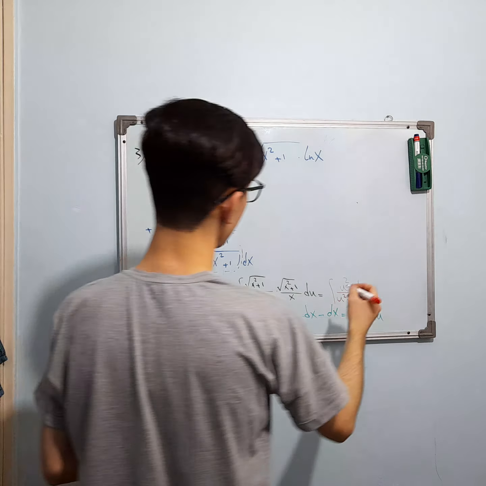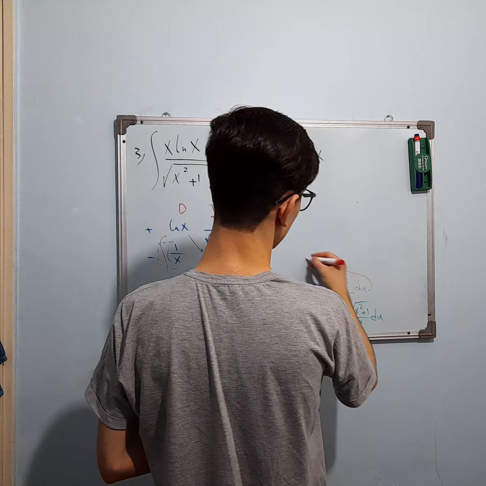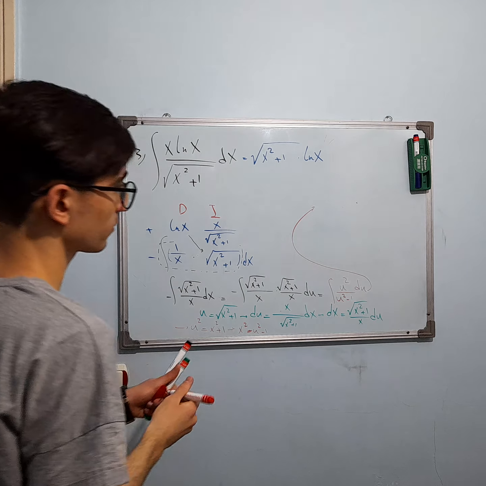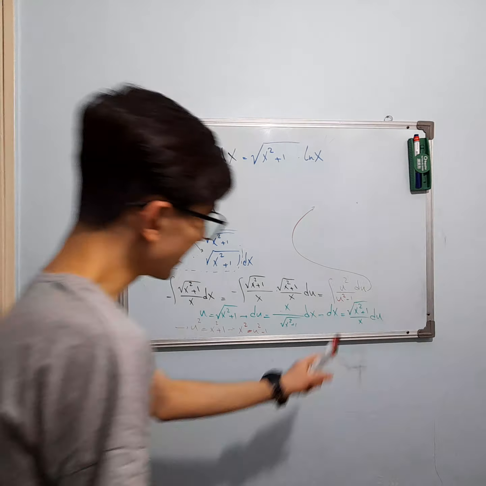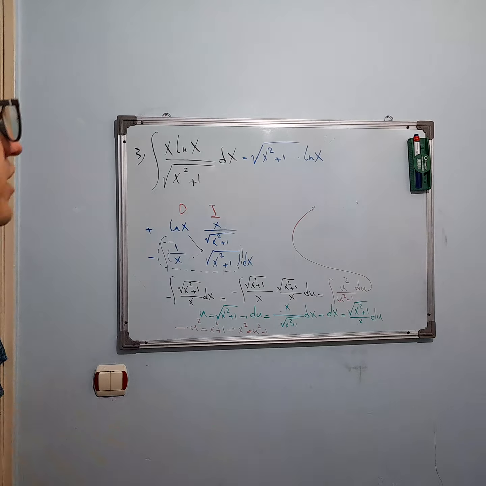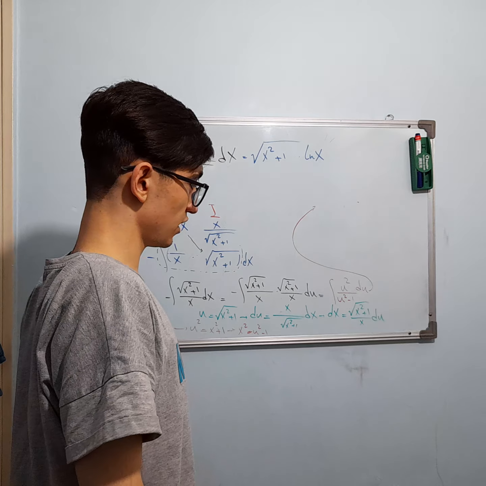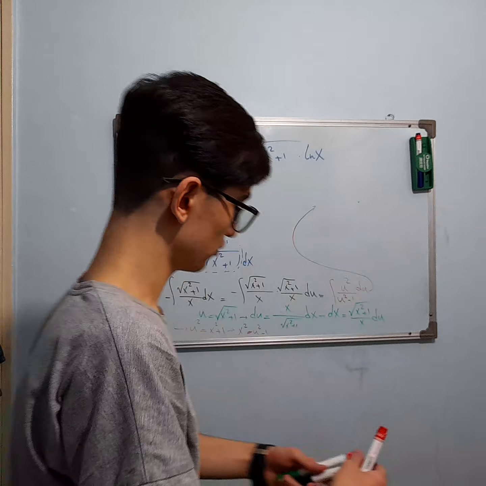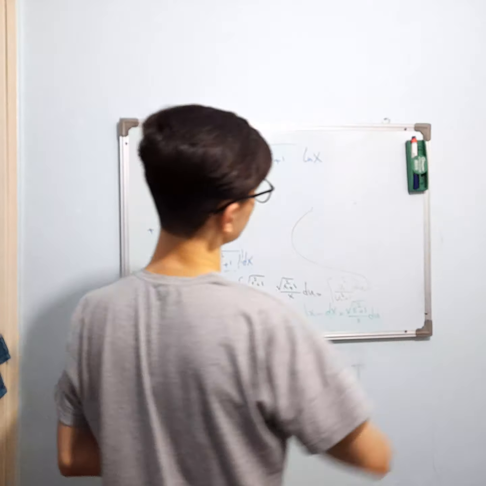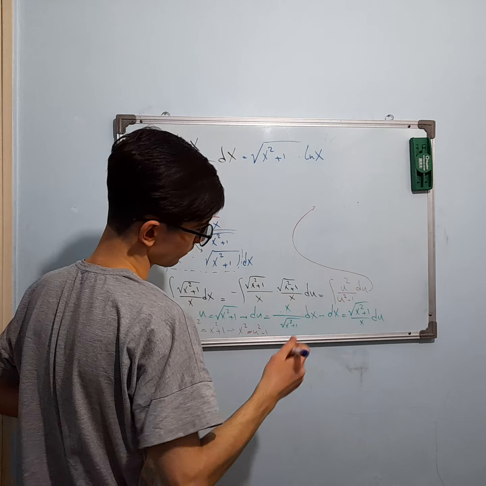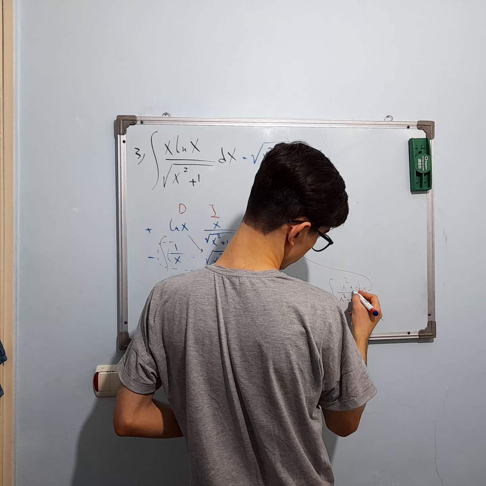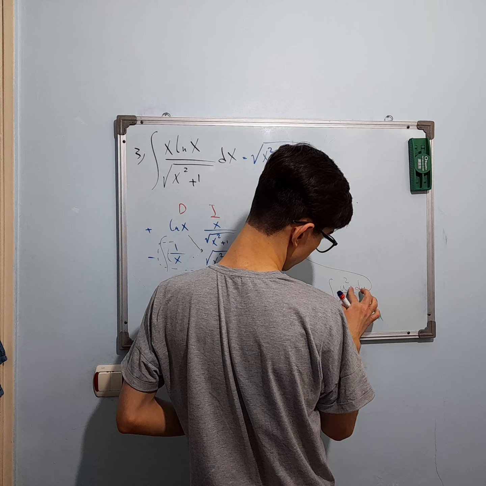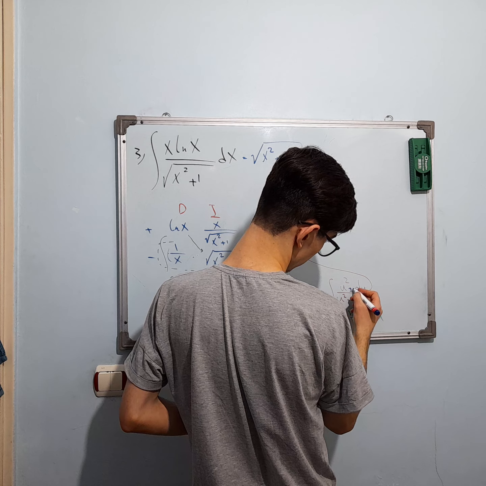Okay guys, this is the same as our first integral, where we added a 1 and a minus 1 to solve it much easier. Now I do the same as the first integral.